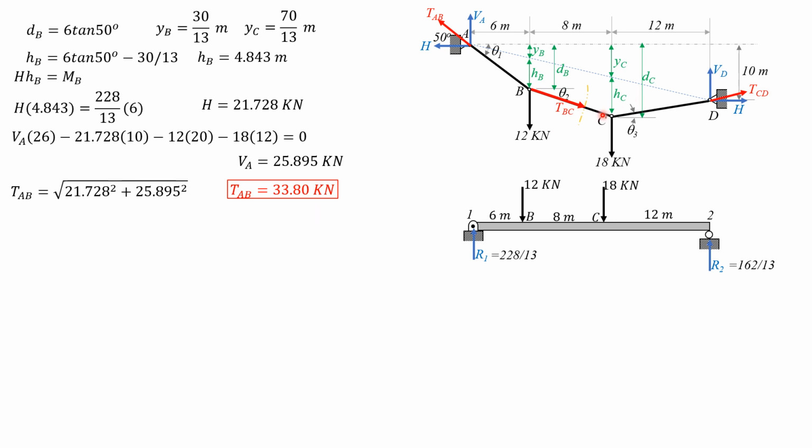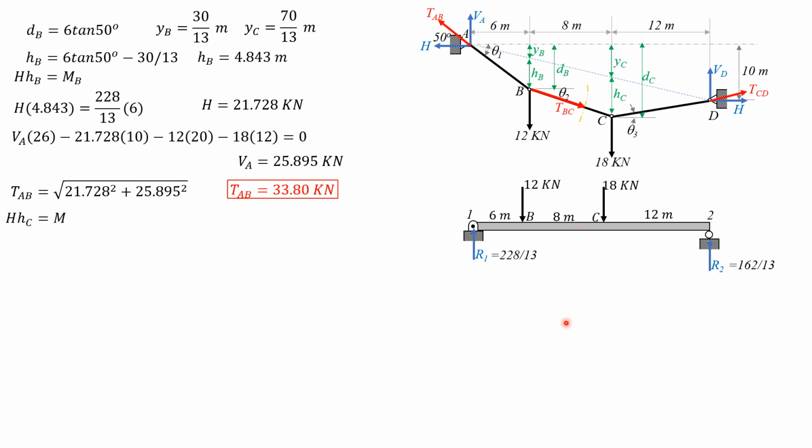Then let's solve for H sub C. Again, H times H sub C is equal to the moment about C. The moment about C is either 228 over 13 times 14 minus 12 times 8, or the easier way, R2, 162 over 13 times 12.